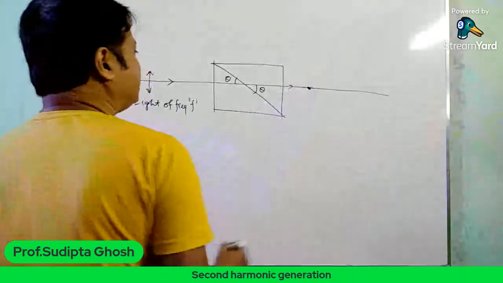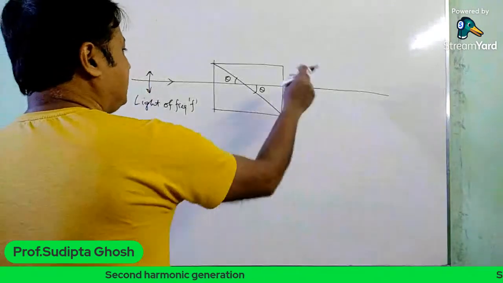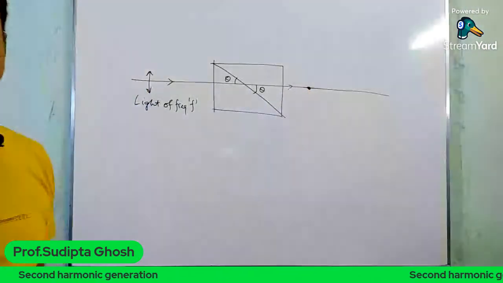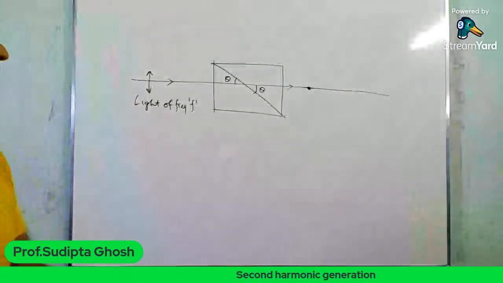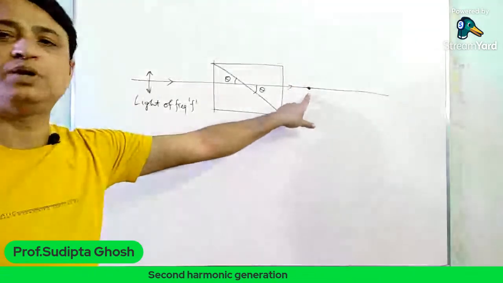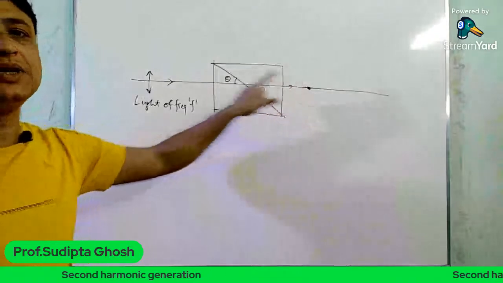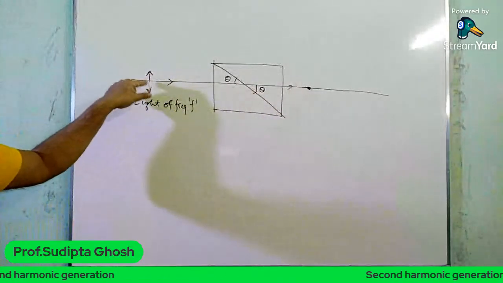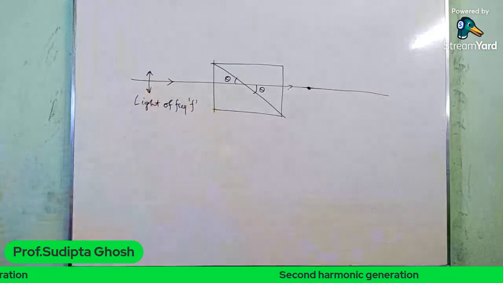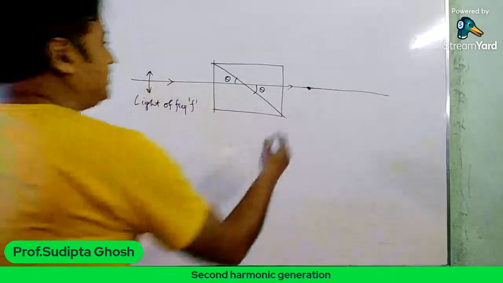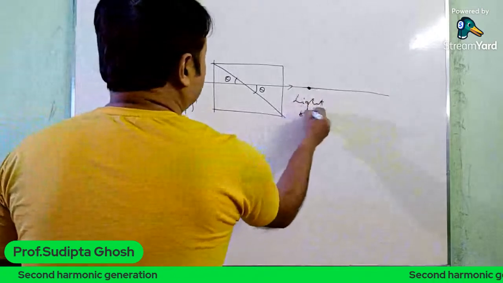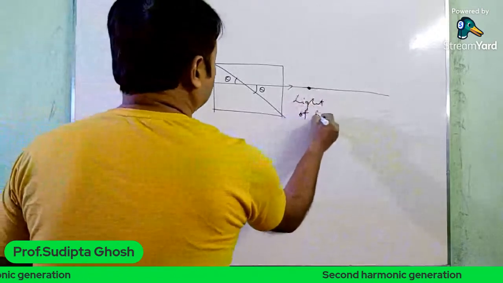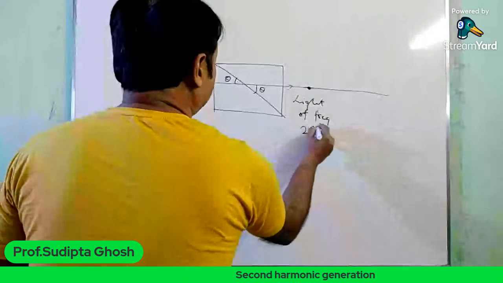By putting the dot, what I am trying to convey is that this state of polarization is perpendicular to the state of polarization given here, and this is the light of frequency twice f.